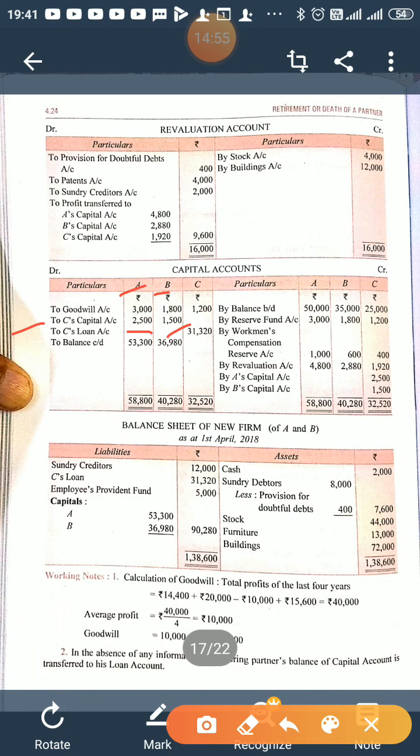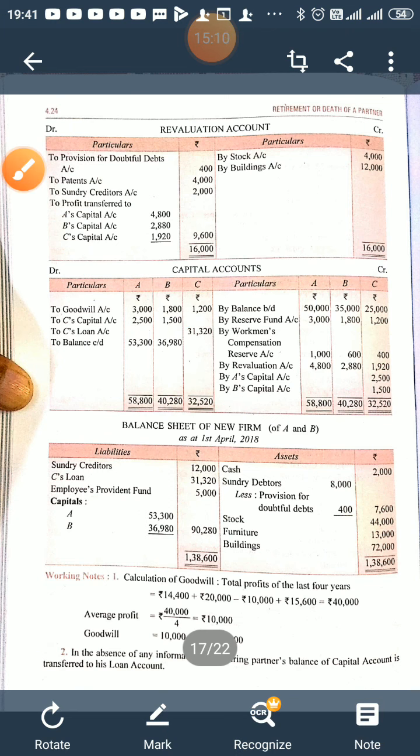Against C's capital there are two accounts which are debited, that will be mentioned here: by A's capital, by B's capital, 2,500 and 1,500. This is the goodwill treatment.